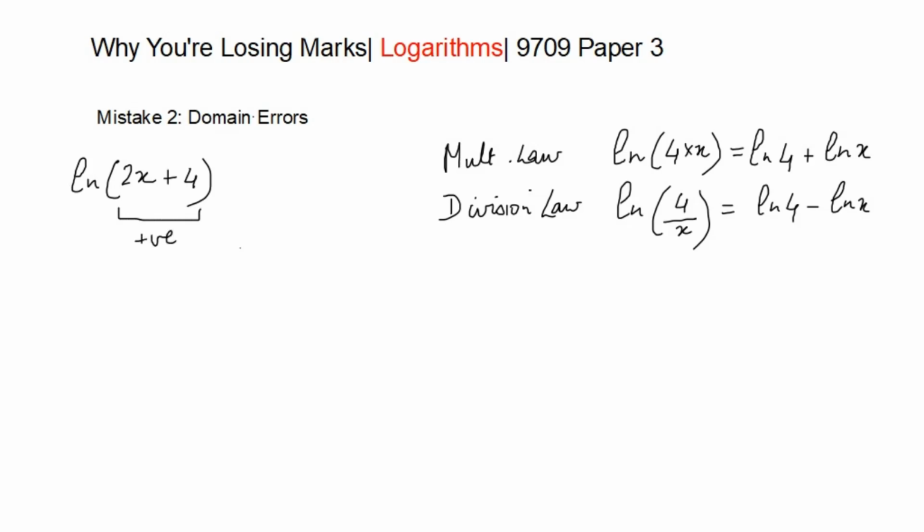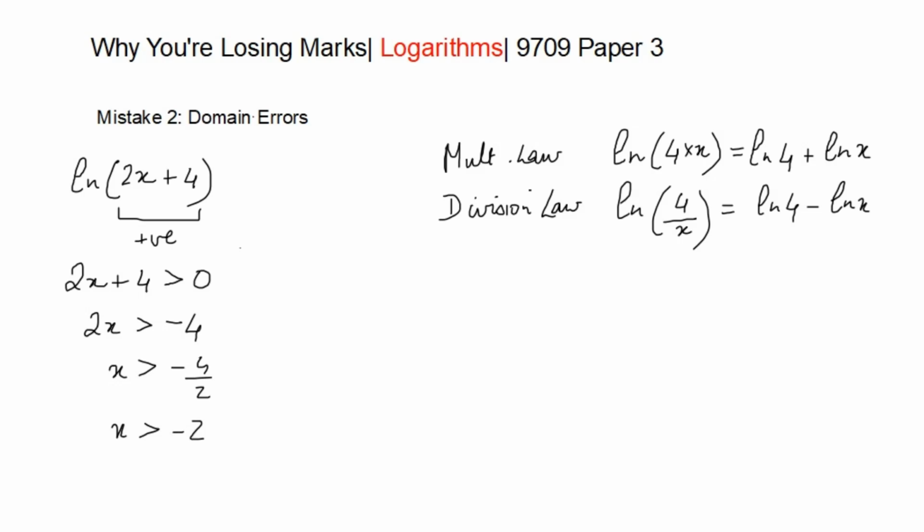So 2x plus 4 must be greater than 0, which means that 2x has to be greater than negative 4 and x has to be greater than negative 4 by 2. So x is greater than negative 2.